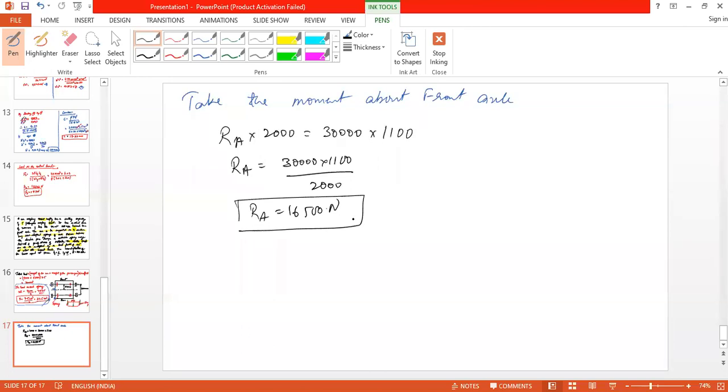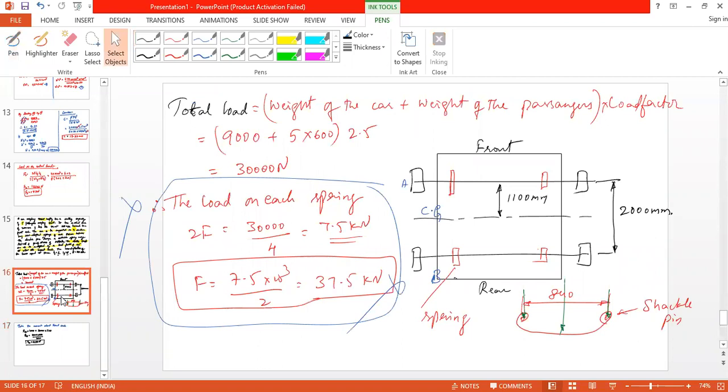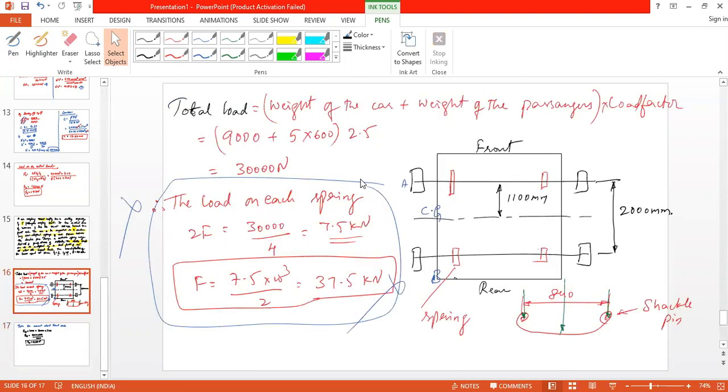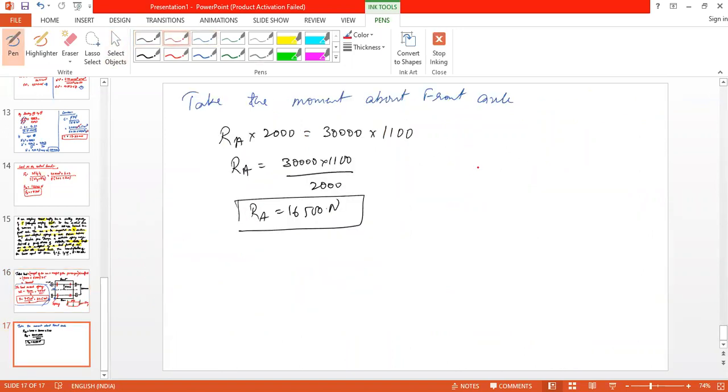Front axle or rear axle? Remember, if I take the side view of the car, it looks like this.